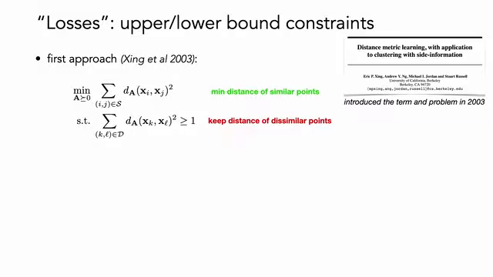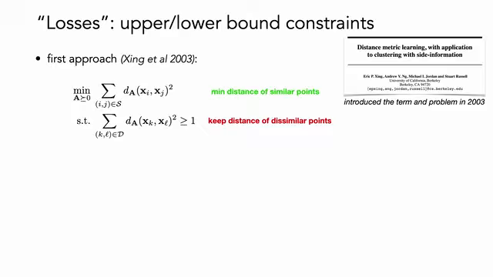So essentially, the first proposed approach, and the one introduced in the paper that defined the term metric learning, which they called distance metric learning, was to specifically set this up as an optimization problem with a constraint, right?